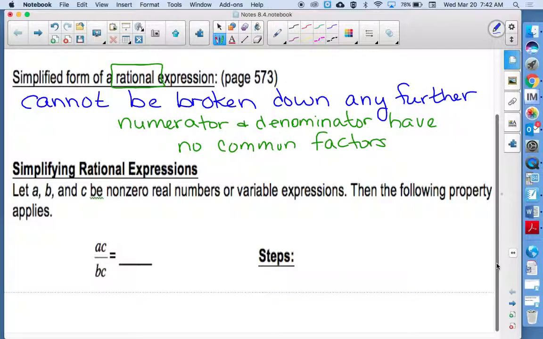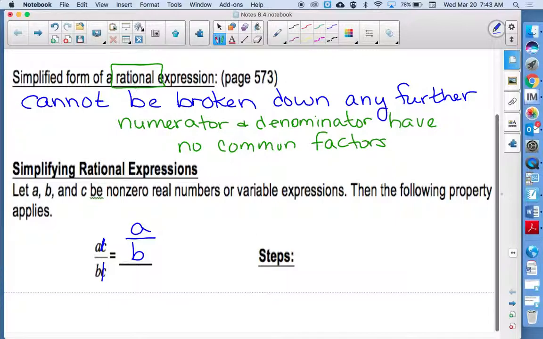If I am multiplying A times C and B times C, and it must be multiplication, the part they have in common, which is the C, can go away, can be simplified because I have the same part on the top and on the bottom. So they cancel out, and we're just left with A divided by B. So my top doesn't have a common factor with the denominator.